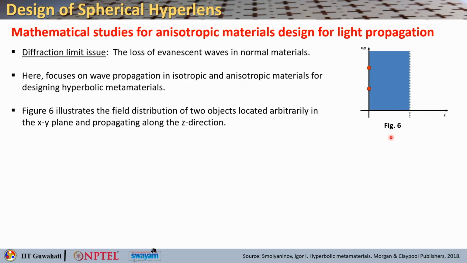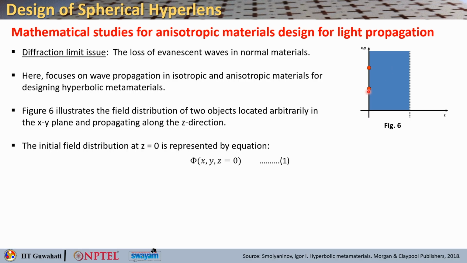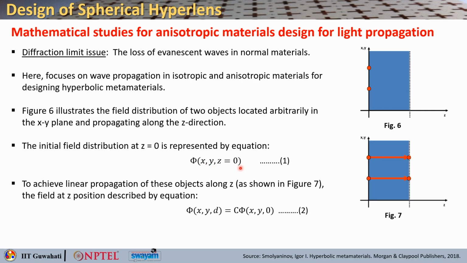So, first focus on figure 6 that illustrates the field distribution of the two objects which are located arbitrarily in the xy plane and propagating along the z direction. The initial field distribution at z equals 0, that is in this plane, can be written as phi(x,y,z=0). Okay.